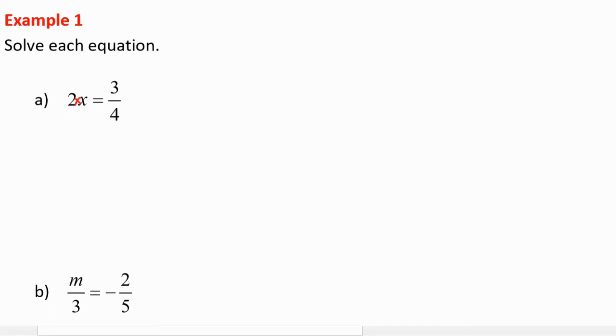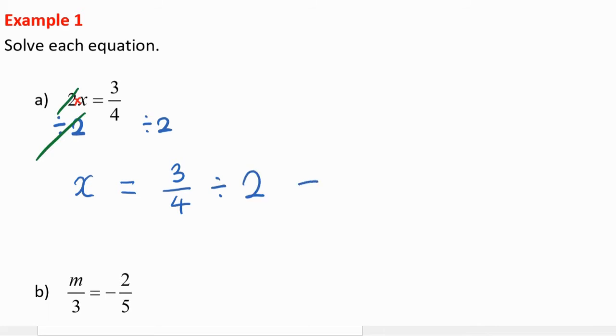So I'm going to divide both sides by 2. All right, then I get, so 2 will be canceled. I have x isolated, and I have 3 over 4 divided by 2.